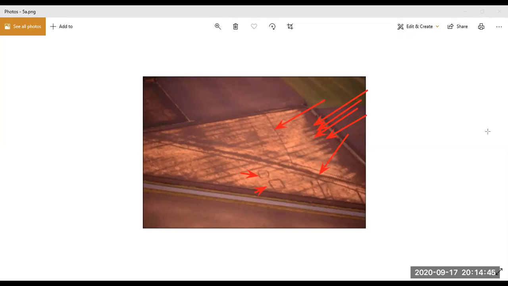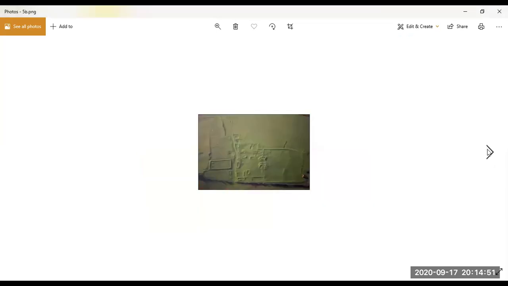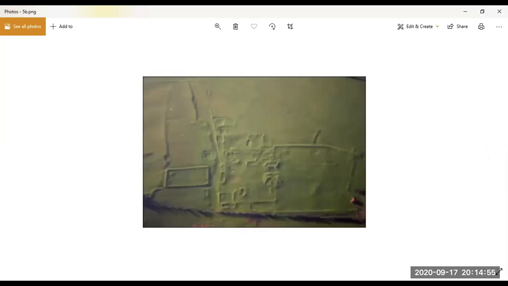Moving on again. And obviously the more familiar form of aerial photograph is going to come up. It's this one. The typical earthwork aerial photography, the typical thing that you see in books.